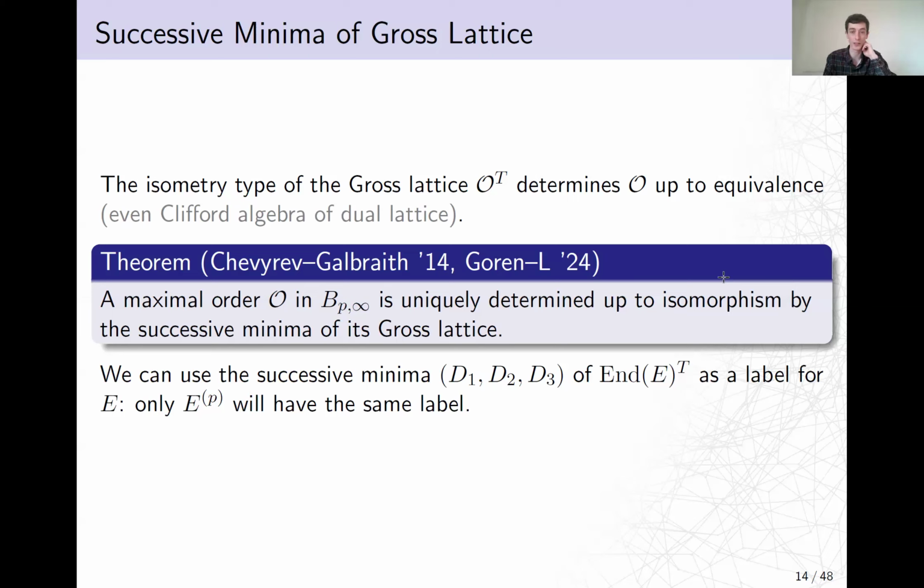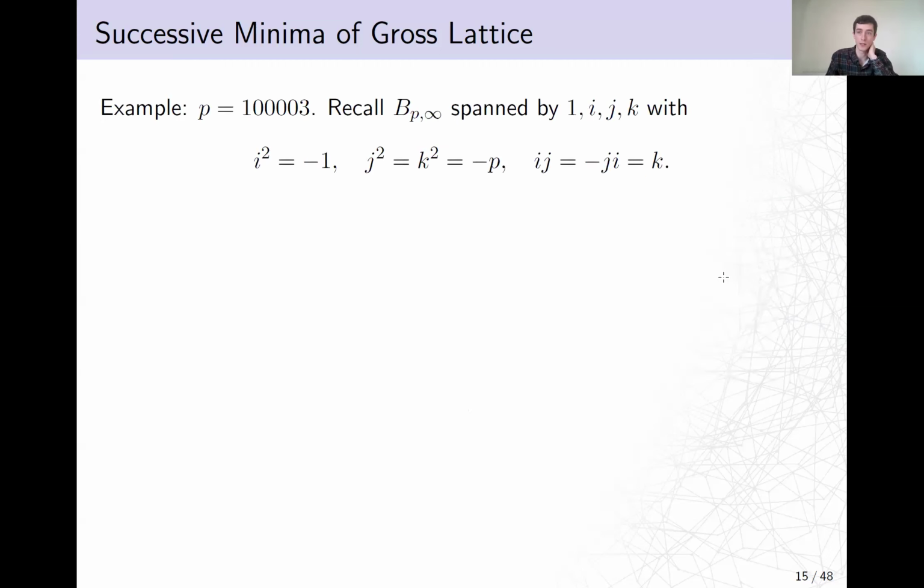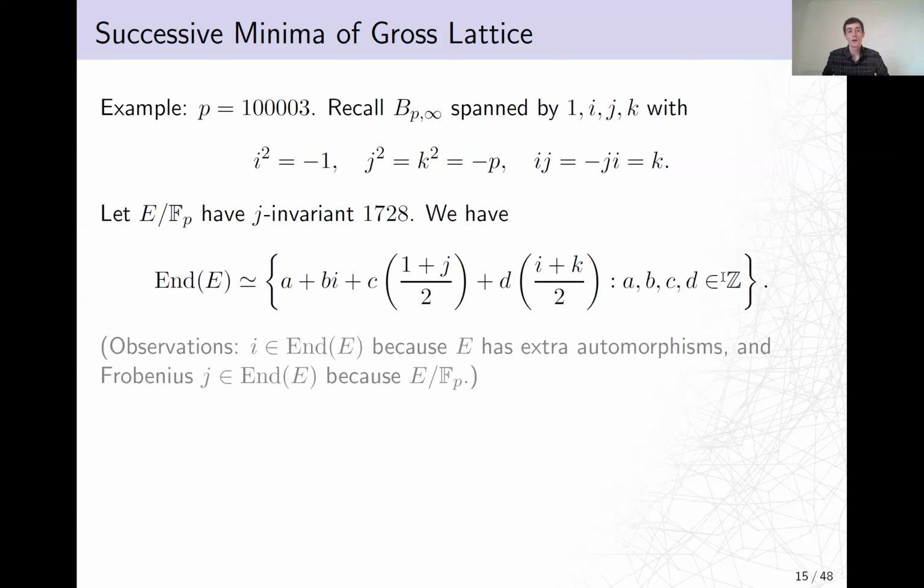So I just want to quickly run through an example of how we can compute these successive minima. So once again, the example that I have in mind is p = 100,003. So we have these multiplication rules as written down on the screen. Now, if we take the elliptic curve over F_p with j-invariant 1728, then the endomorphism ring happens to have the following form.